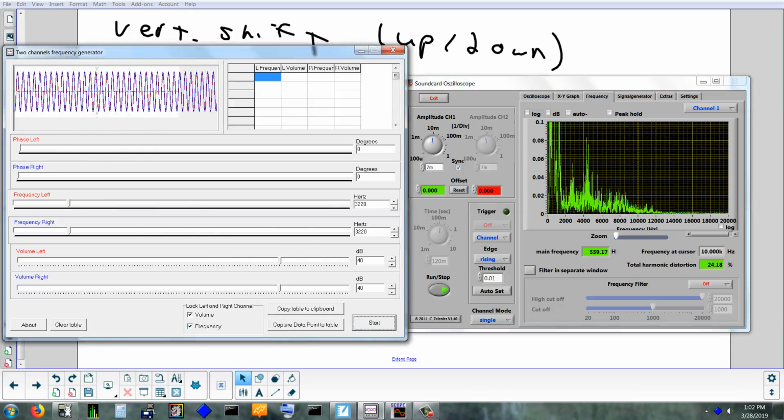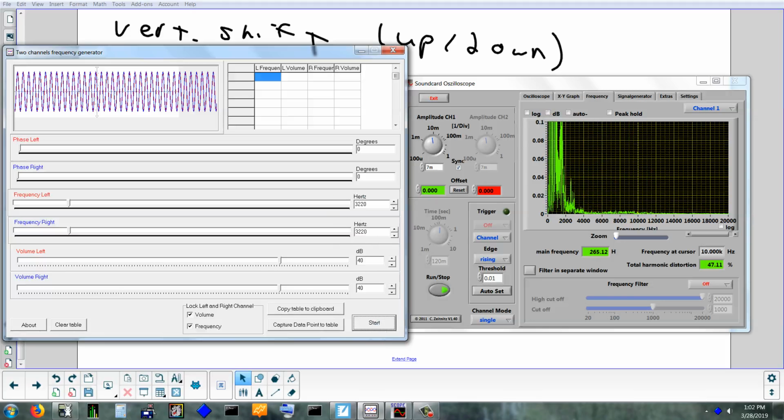There's also some other spikes. I'm not really sure what those are, just some echo or something. But the main one, the main frequency that it picks up, says 3.22. It's exactly what I just played. 3,220. It's just kilohertz versus hertz.